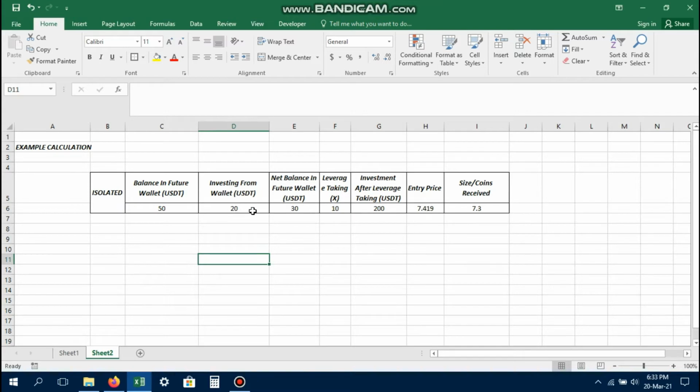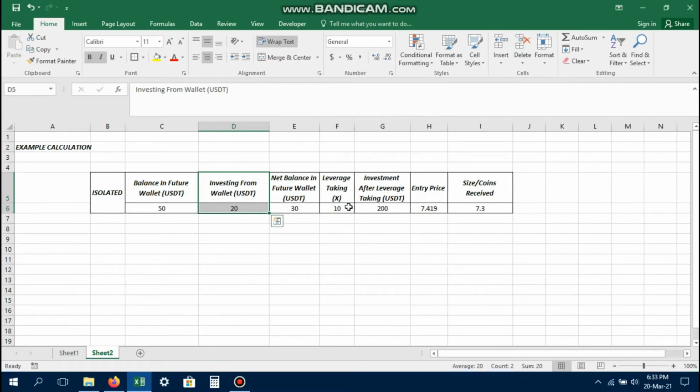For example, you think that I will invest $20. Now what does leverage do? Leverage multiplies this investment with the leverage you requested. As you can see in this chart, you had 50 in your wallet, you invested 20.